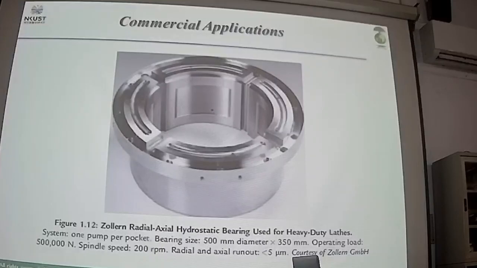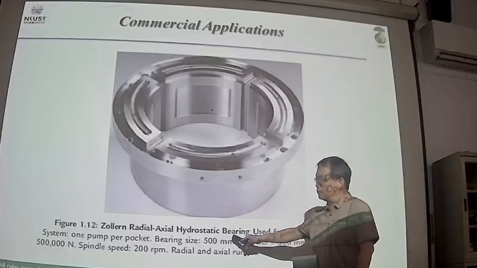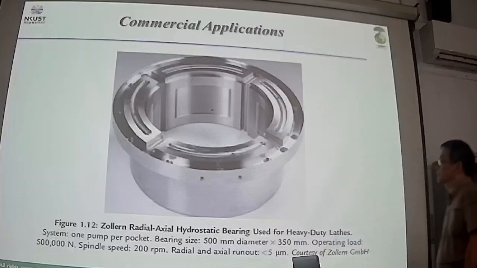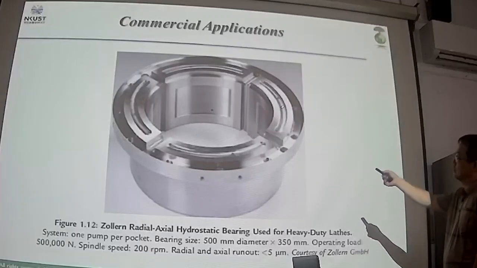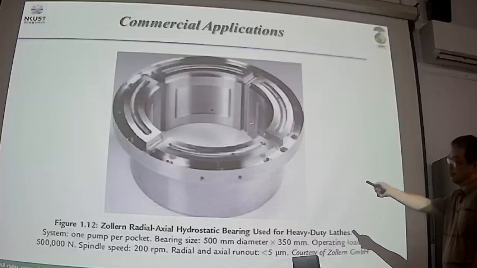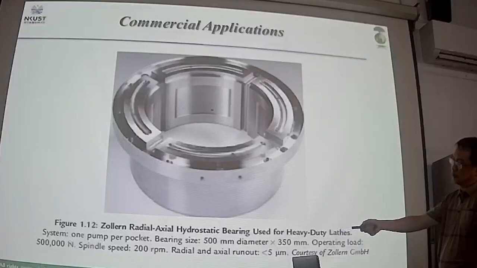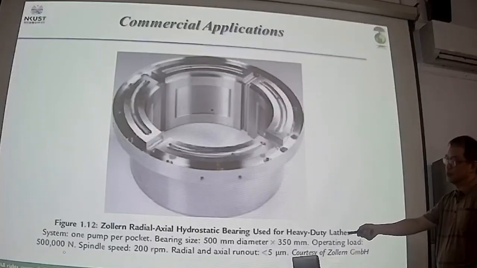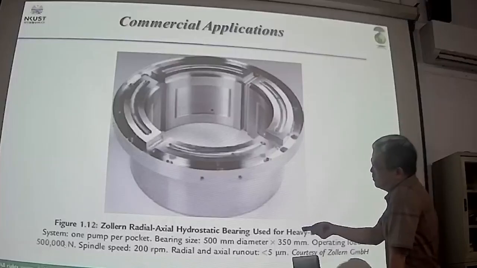So the bearing size here is 500 millimeters in diameter. For this 500 millimeters in diameter, you can resist the loading of 3,000 kilogram. So it means not 3,000, no, it's a 50 ton loading.